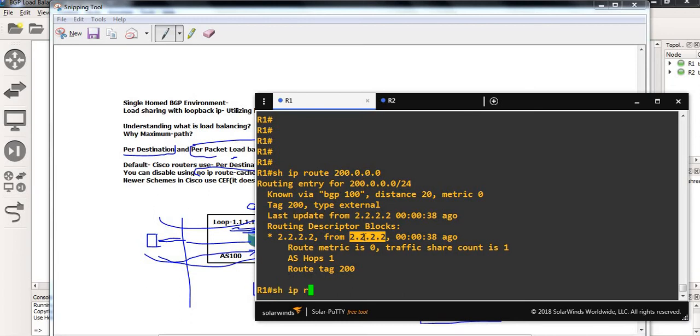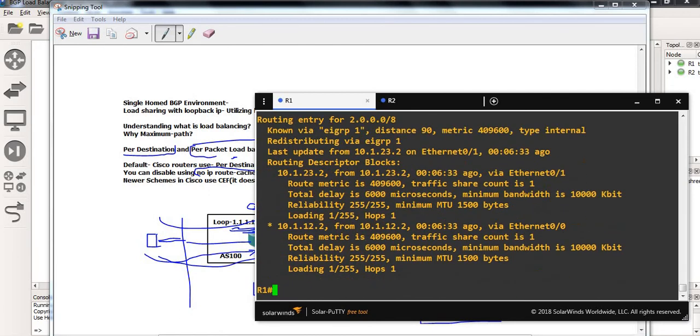So if I do show IP route 2.2.2.2, you could see that this 2.2.2.2 network is learned from two interfaces. One is Ethernet 0/1 and one is saying that it is learned from Ethernet 0/0.